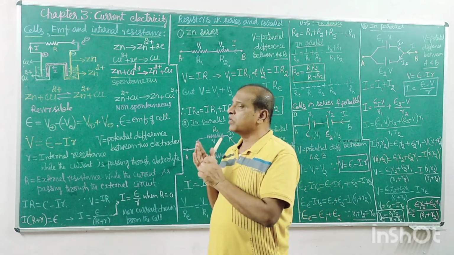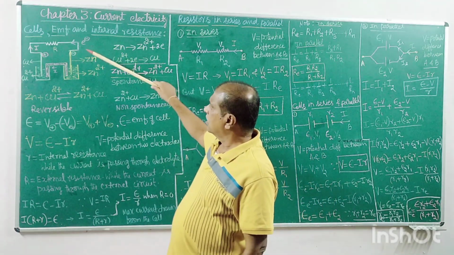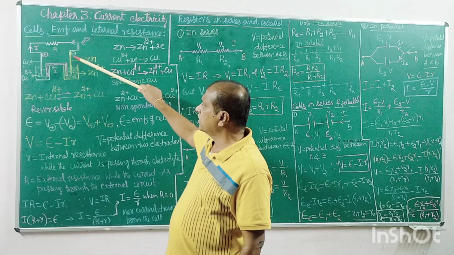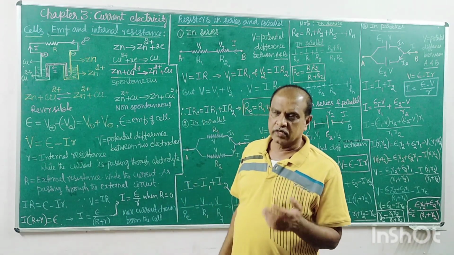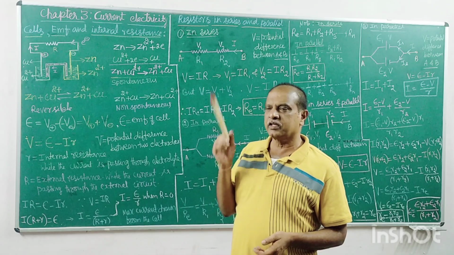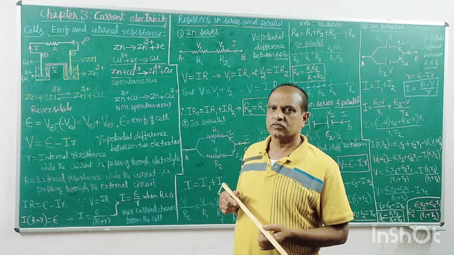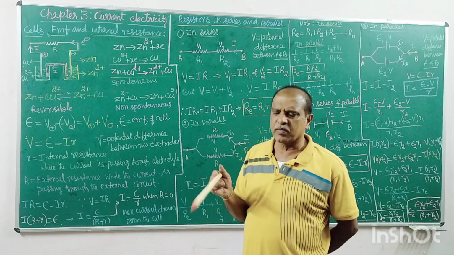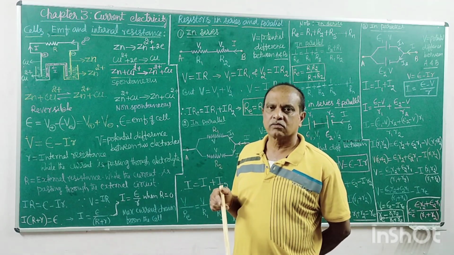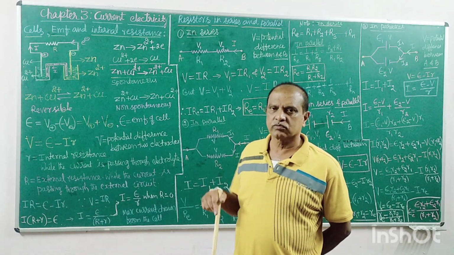So what is a lithium ion battery? Here the anode is lithium deposited on the copper. That is graphite on which lithium is deposited, the anode, and the cathode is some transition metal oxide, cobalt oxide, containing lithium of course.